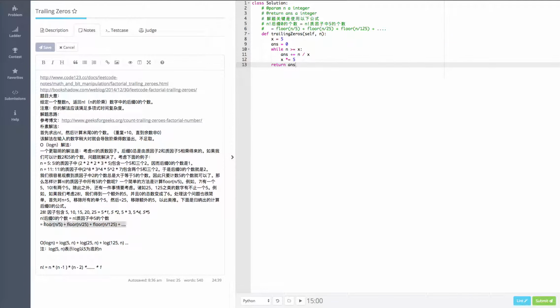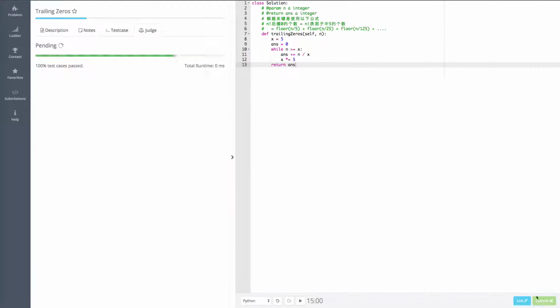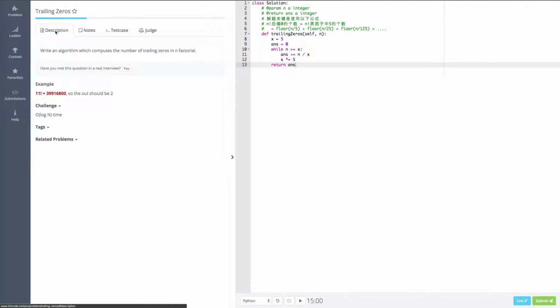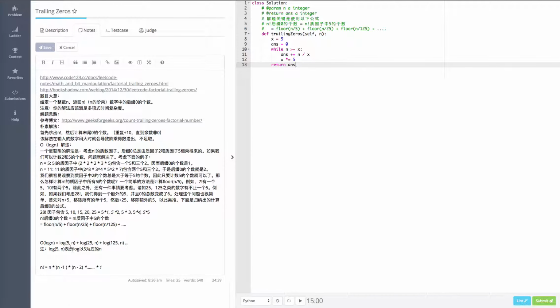Actually, it's just this formula. So let's run this to see how it works. Okay, it's working fine. Also, let's analyze the time complexity. The whole time complexity depends on how many times we run this loop.